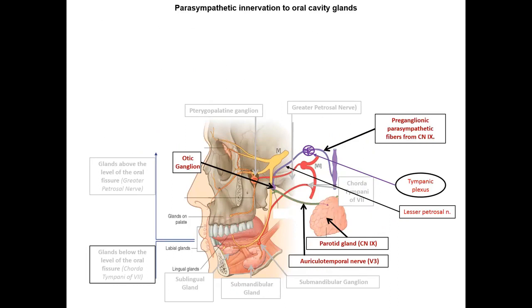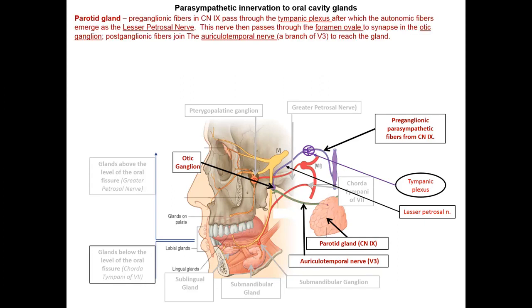I want to move on now to the parasympathetic innervation to oral cavity glands. We want to take up first the innervation of the parotid gland. Preganglionic fibers from the glossopharyngeal nerve pass through the tympanic plexus, which you can see is a purple circle with little purple squiggly lines in it.